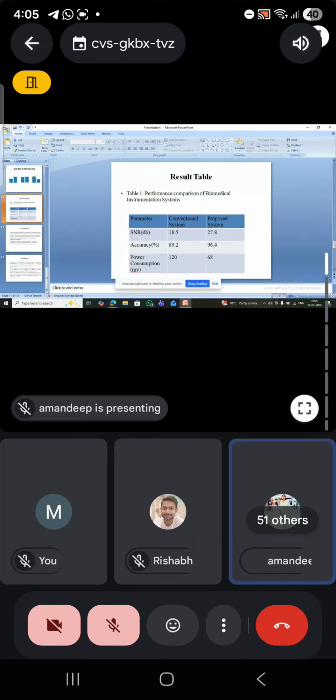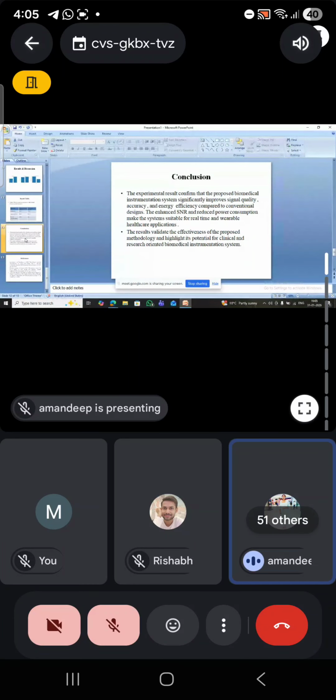Now, this is the conclusion. The experimental results confirmed that the proposed biomedical instrumentation system significantly improves signal quality, accuracy, and energy efficiency compared to conventional designs. The enhanced SNR and reduced power consumption make the system suitable for real-time and wearable healthcare applications.